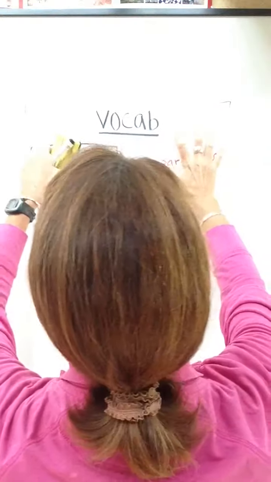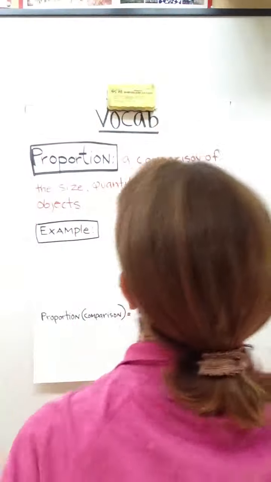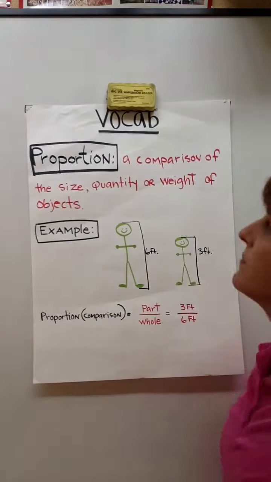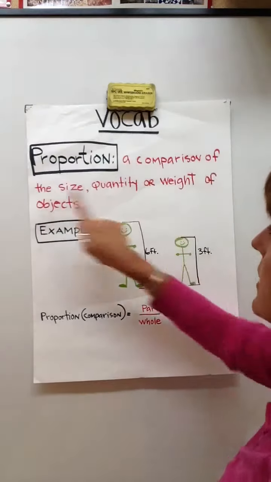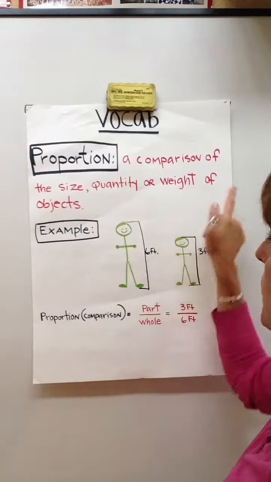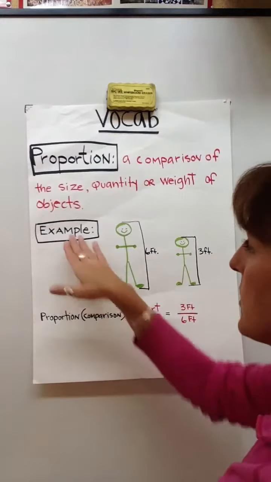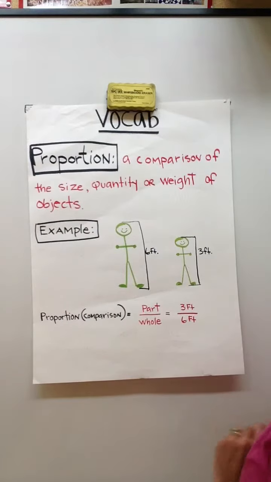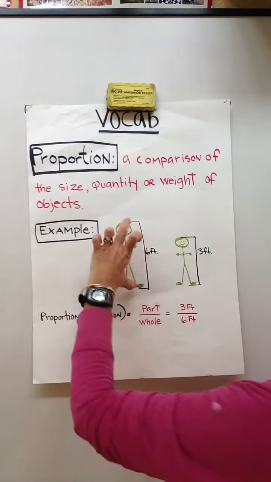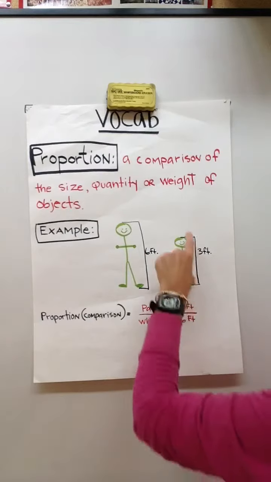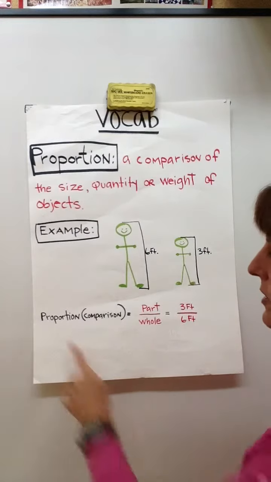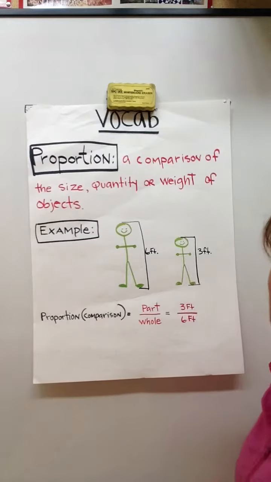The next vocabulary word that you'll need to know is proportion. Proportion is a comparison of the size, quantity, or weight of objects. So here's my example. Two guys. One of them is 6 feet tall, one of them is 3 feet tall. A proportion is a comparison, remember, okay?